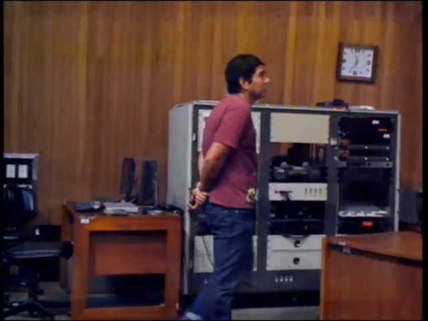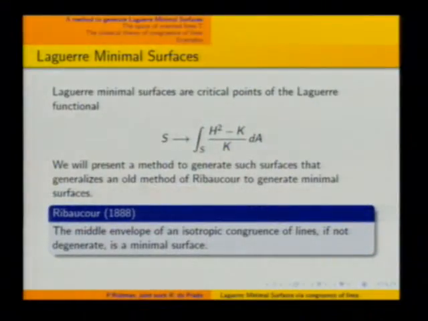And the way we're going to construct such surfaces actually generalizes a method by Ribocourt a long time ago, where he showed that the middle envelope of an isotropic congruence of lines, if it's not just generated, is a minimal surface.